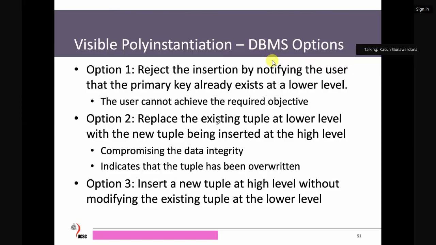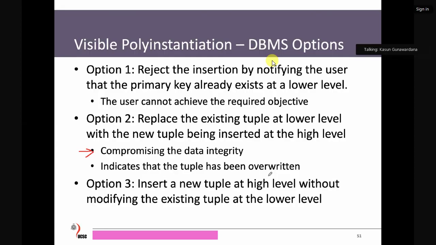Option 2 is to replace the existing tuple at the lower level with the new tuple being inserted at the higher level. Then again, it's a data integrity issue, and at the same time, it indicates that the tuple has been overwritten.